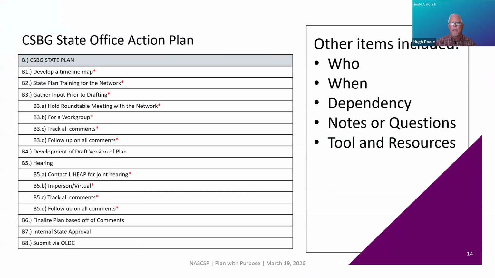Just highlight some of the things that we mentioned, so you can go through it and fill out the who, the when, any of the dependencies. For instance, if you're talking about gathering input prior to draft, well, who's going to be involved in that?